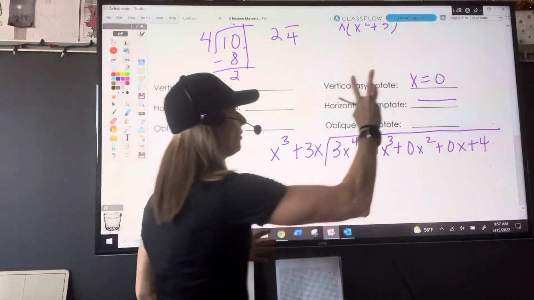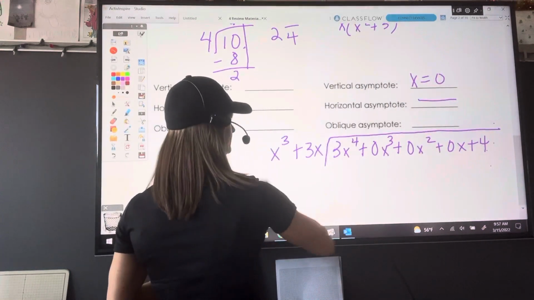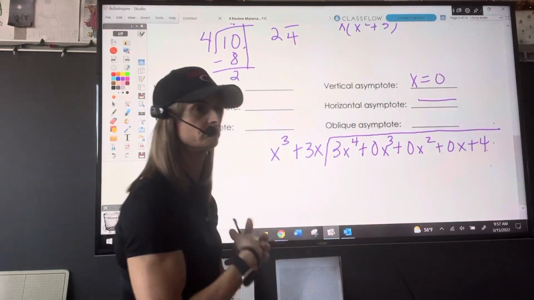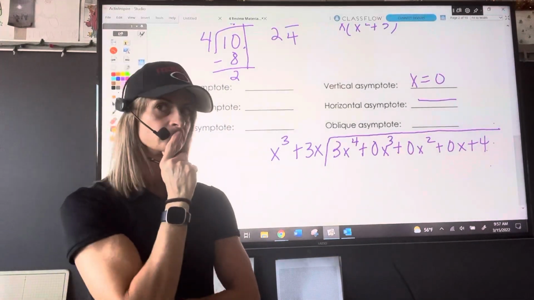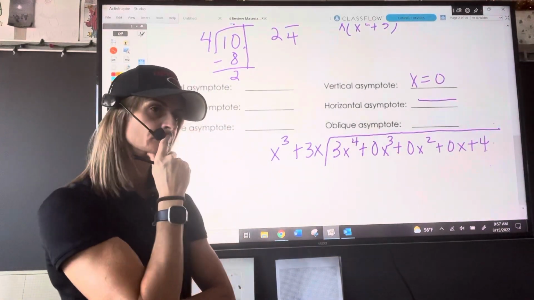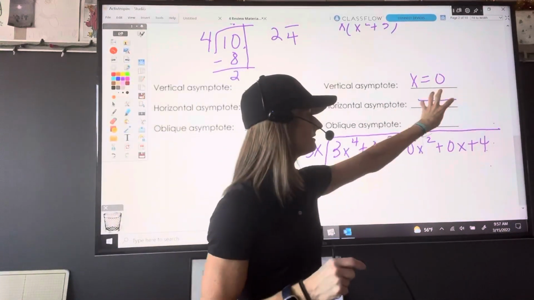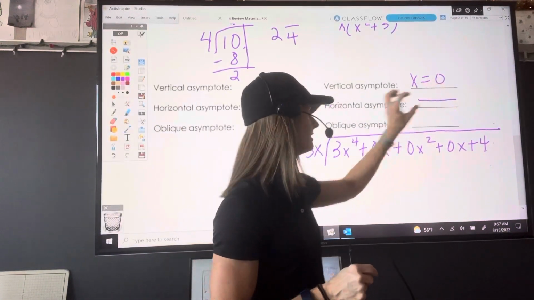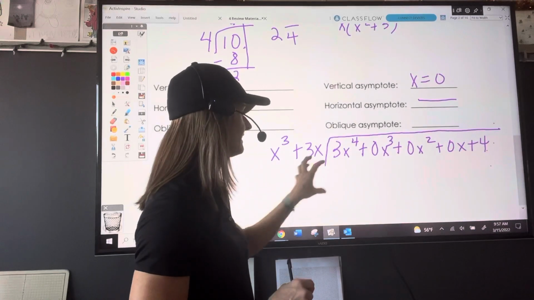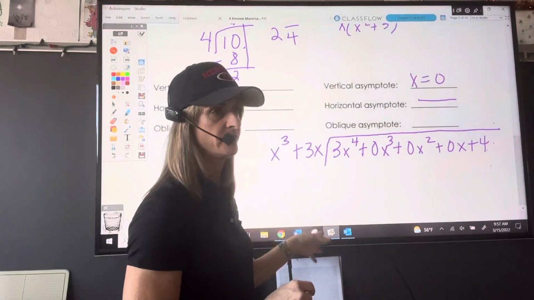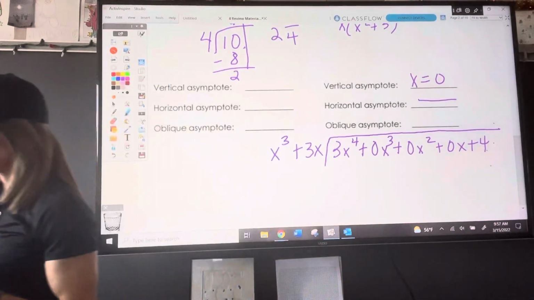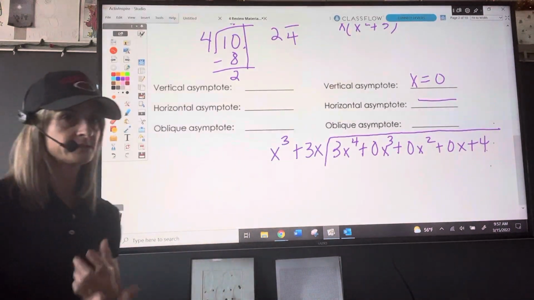So we need to think, what term times x cubed gives me 3x to the 4th, so that I can cancel 3x to the 4th? 3x. Okay, so we got 3x.